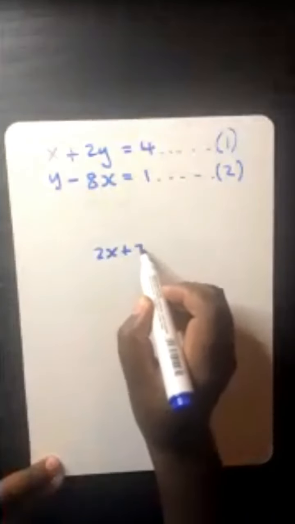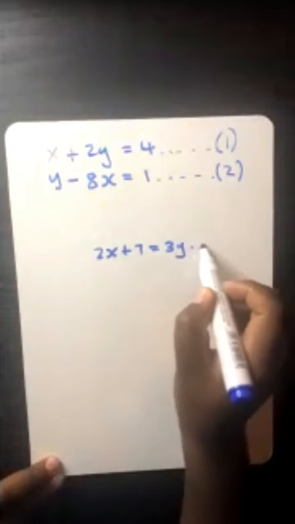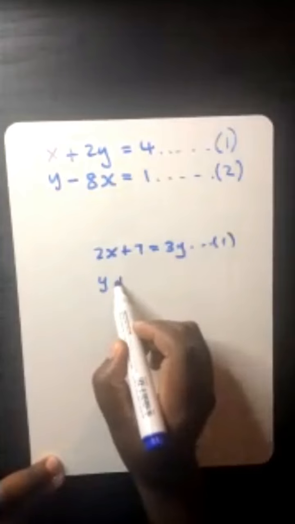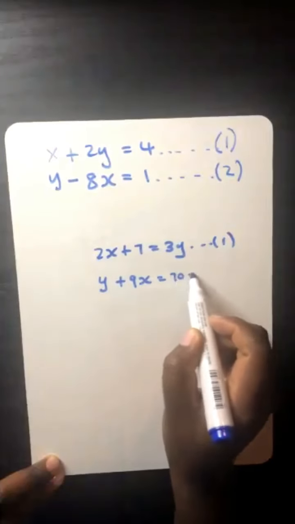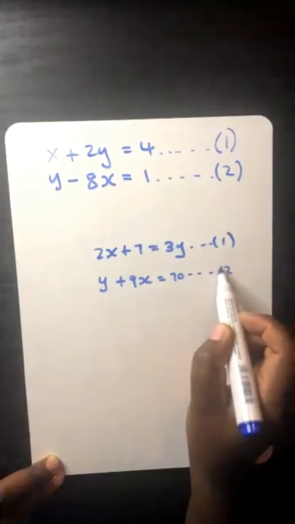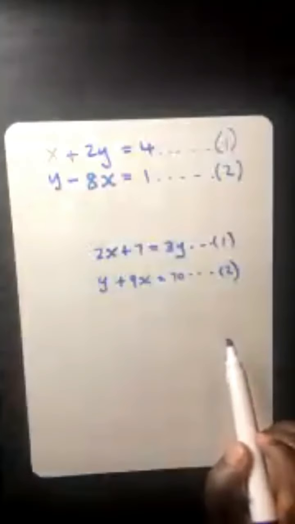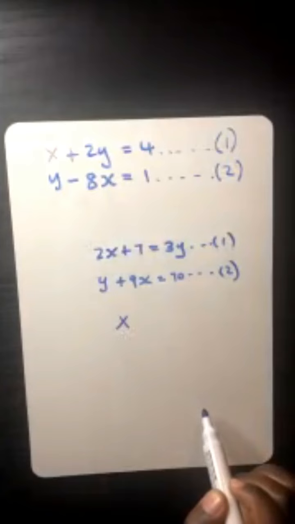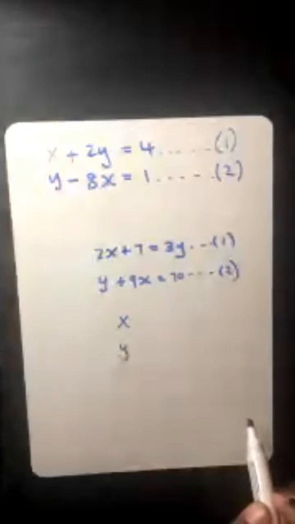If you had 2x plus 7 equals 3y as equation number 1, and here you had y plus 9x equals 70 as equation number 2, then when I say you need to look for a simple equation, you look for an x or a y.